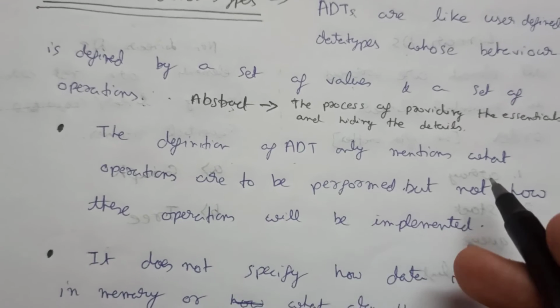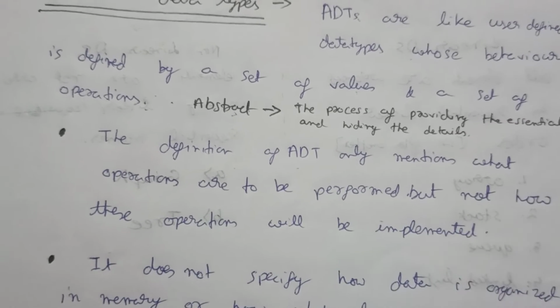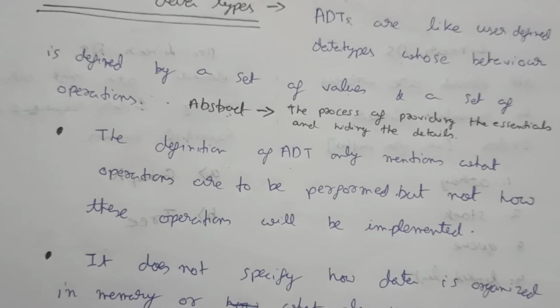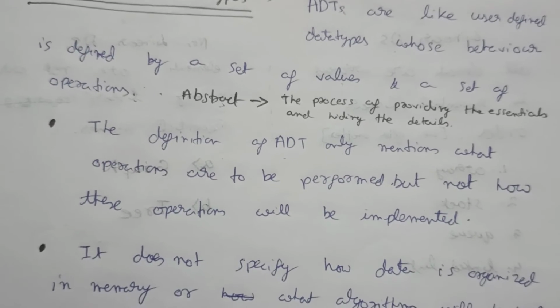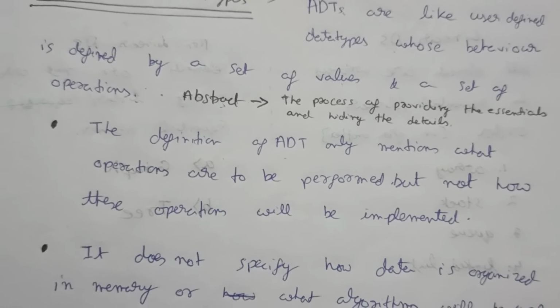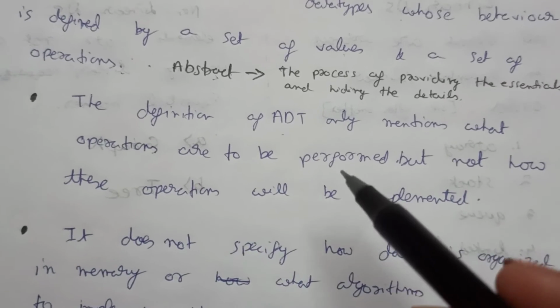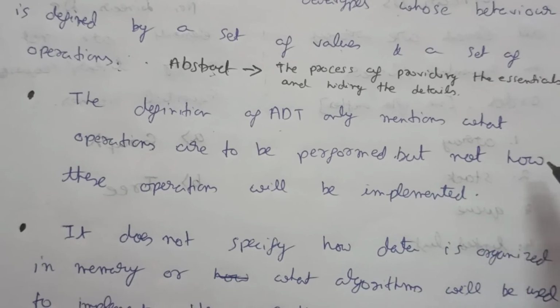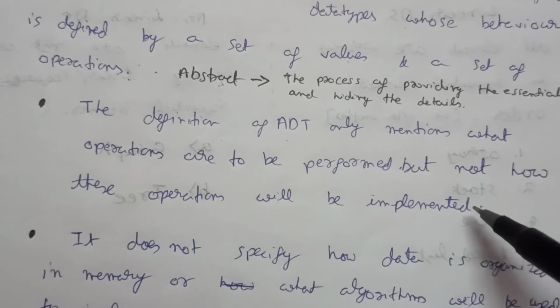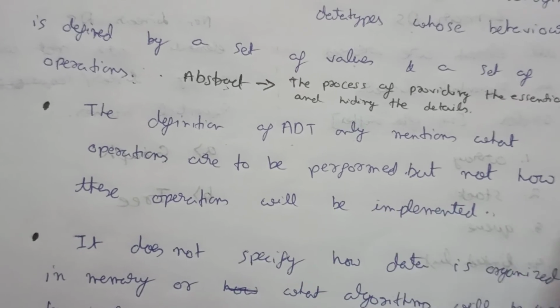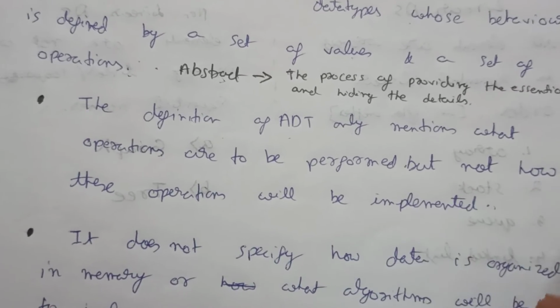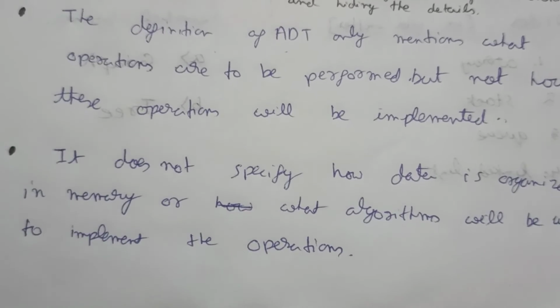It only mentions what operations can be performed on our data type, like adding or pushing a data or popping a data from our data type. These are the names of the operations. These are mentioned, but how these operations are implemented is not mentioned in our ADT.